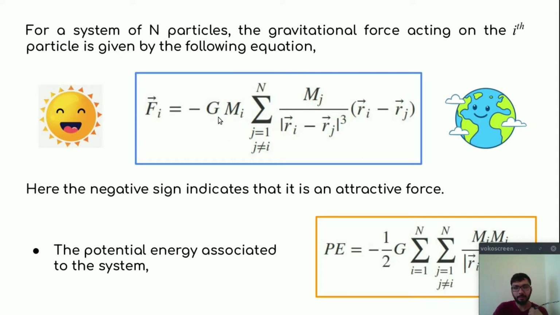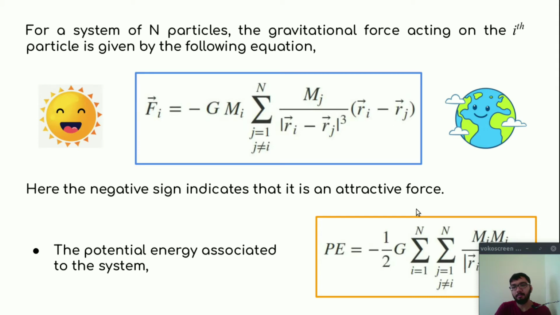Here capital G is the universal gravitational constant. As we are using normalized units, we will assume that it is 1. One more thing: here we can see there's a negative sign. This indicates that this gravitational force is an attractive force.